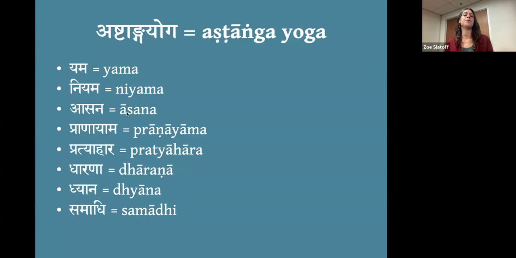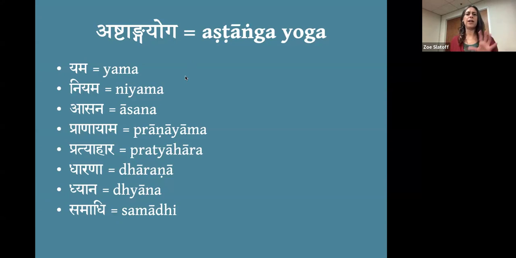This is what we tend to be most familiar with. Pranayama, breath control. Pratyahara, again, notice the emphasis on the long ahs, sensory withdrawal. Dharana, concentration. Dhyana, again, emphasis on the long ah, meditation, and samadhi, absorption. So this happens even when we're not talking about poetry, that the long syllables get the emphasis.